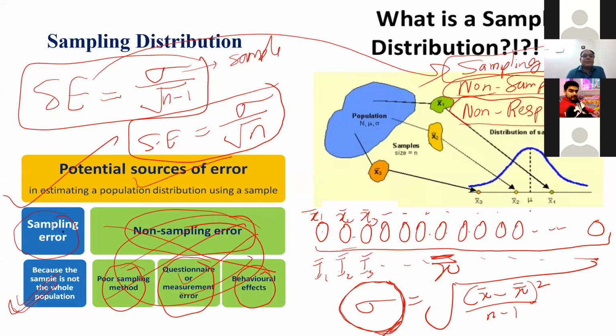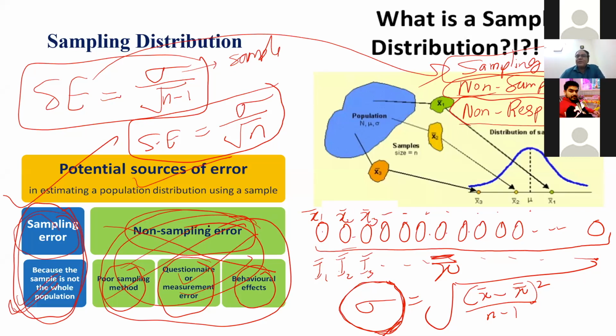Actually, this sampling error can be adjusted with hypothesis testing, but non-sampling error cannot be adjusted in hypothesis testing. So that is a problem in hypothesis testing, and we have to take care of non-sampling error as a researcher, because most of the researchers say to me, sir, I'm not getting the reliability in my data, I'm not getting the validity in my data, I'm not getting the normality in my data. So all the problems are coming because of the non-sampling errors, I'm telling you.